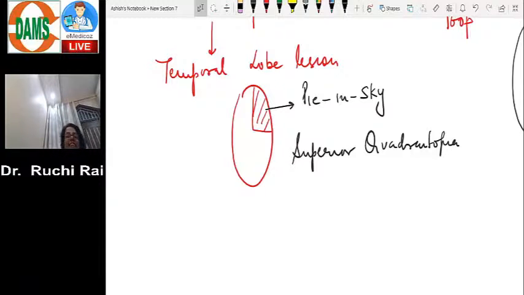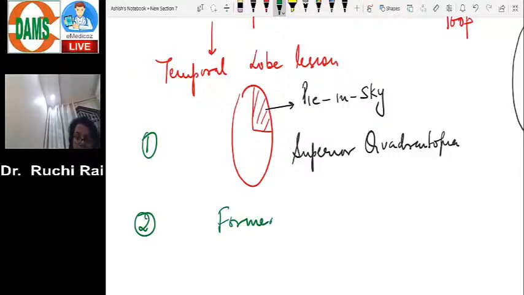You should be very, very clear. What else do we have to learn about temporal lobe lesion apart from this? Please do not forget that any temporal lobe lesion can lead to hallucinations. Generally, these are formed hallucinations, that means maybe you see the actual picture of a person or something.